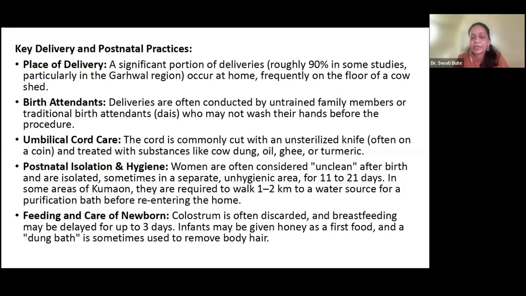These are some of the areas which people don't discuss because they follow their traditional practices, the cultural practices they have followed for generations.